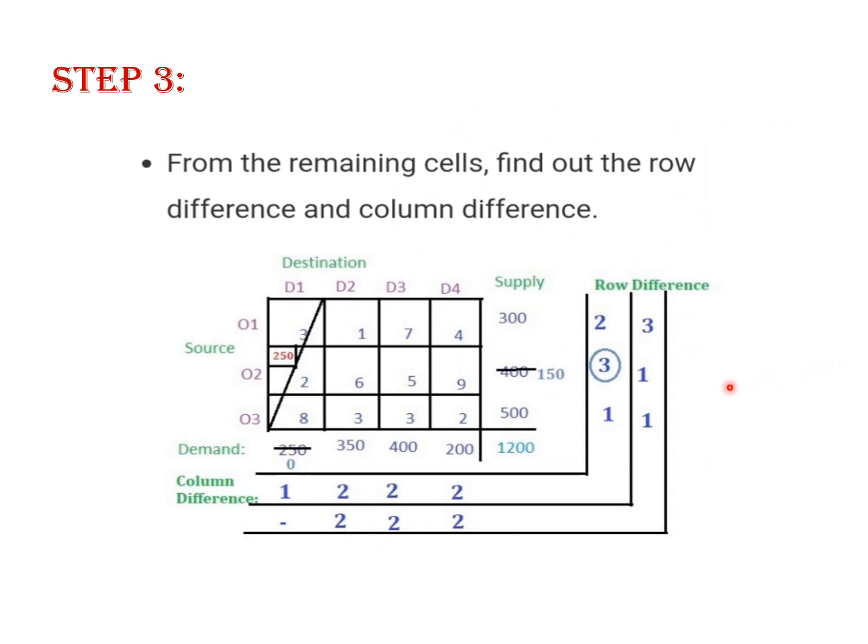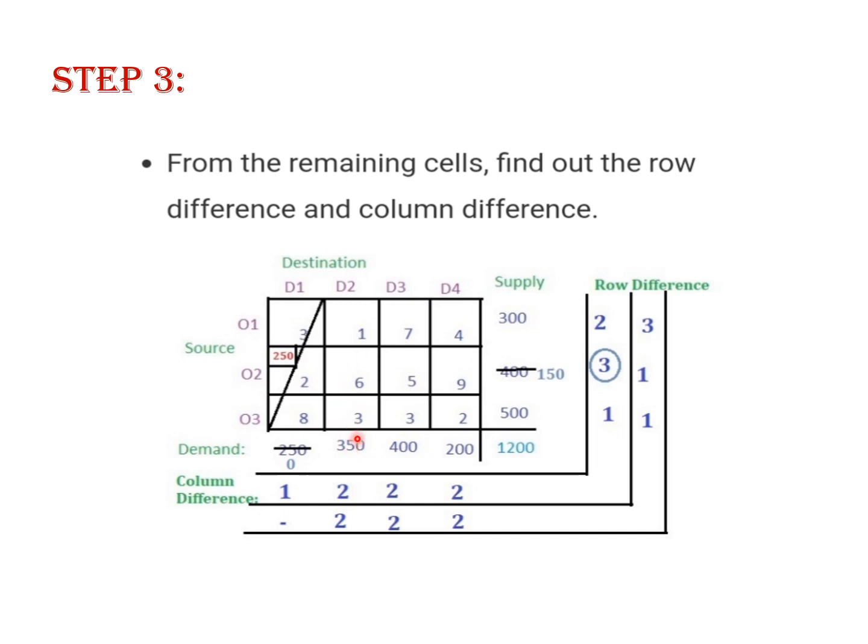Next, from the remaining cells, we have to find the row difference and column difference. Here, we delete the first column. So, we cannot find the column difference. So, we put the dash here. Next, in the second column, the minimum element is 1.